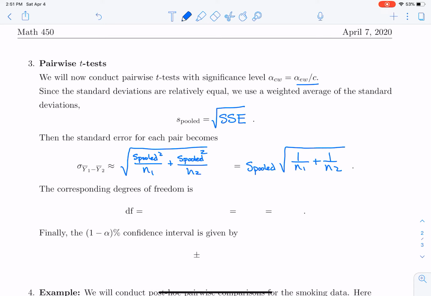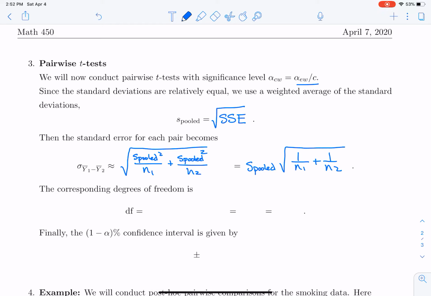The only difference is how we got the pooled standard deviation. The way that we did it in this case is we used all of the standard deviations from all the groups, whereas before we would have just averaged the two that we were comparing.